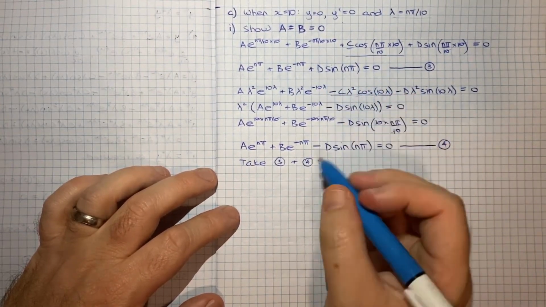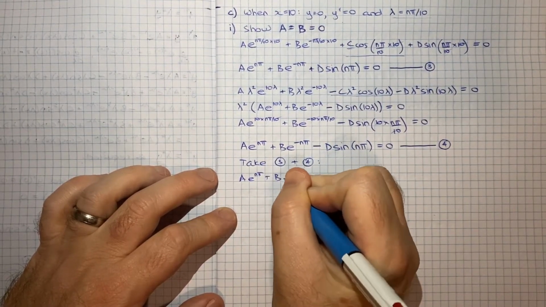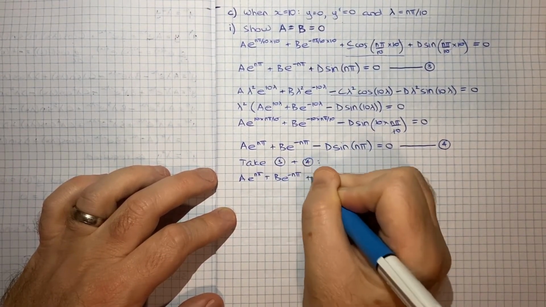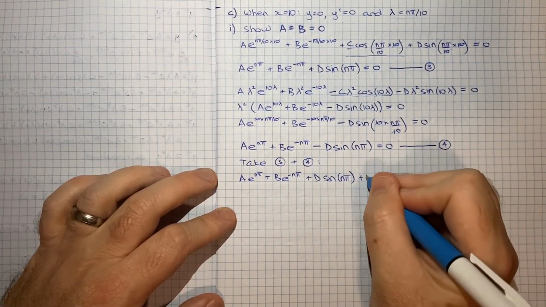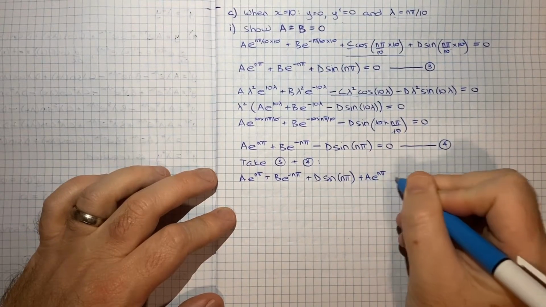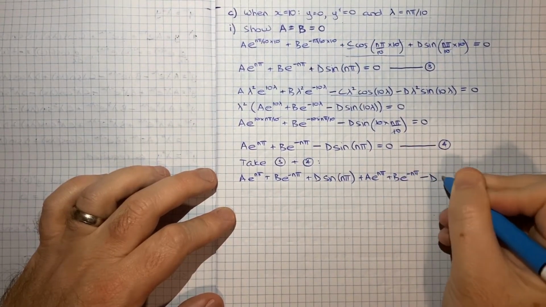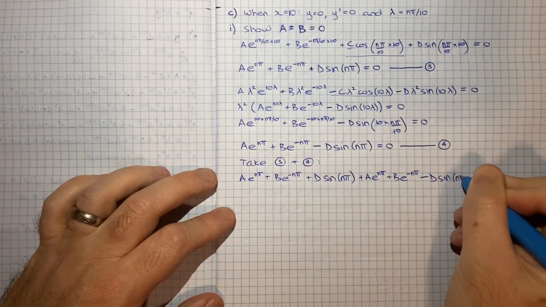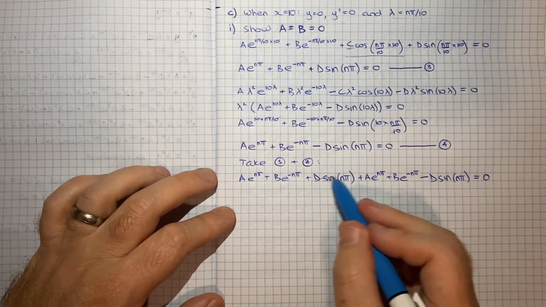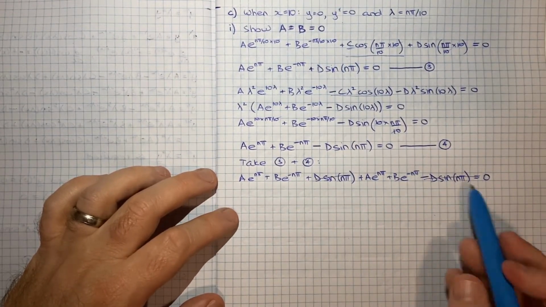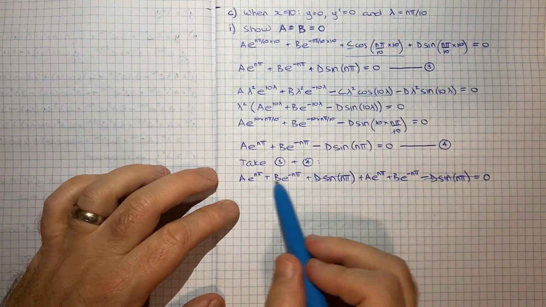So we'll get a e to the n pi plus b e to the negative n pi plus d sine n pi plus a e to the n pi plus b e to the negative n pi minus d sine of n pi. That's going to be 0 plus 0 is 0. The d sine n pi and minus d sine n pi cancel each other out. And we end up with 2 of this.